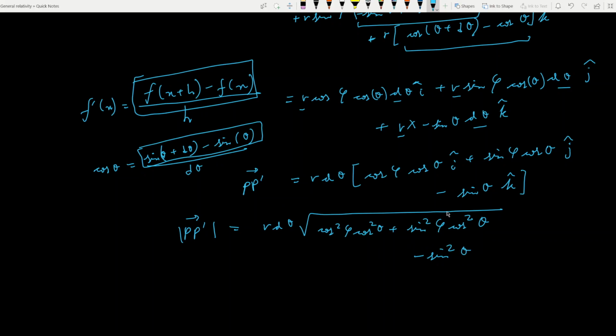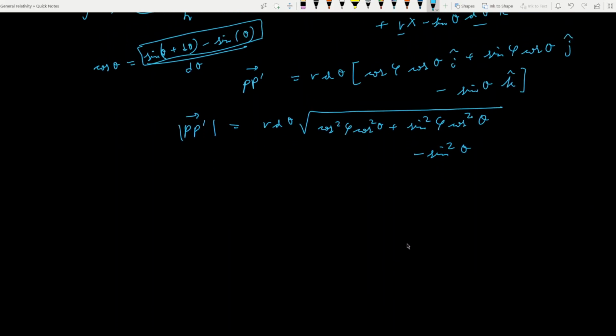I hope you're able to follow on that, because that's just finding the length using the Pythagorean theorem. Well, we can see that if you take cos squared of theta common in these two terms, we end up with cos squared of phi plus sine squared of phi, which is basically 1. So we end up with cos squared of theta from these two terms, then minus the sine squared of theta, sorry, this shouldn't be a minus, this should be a plus.